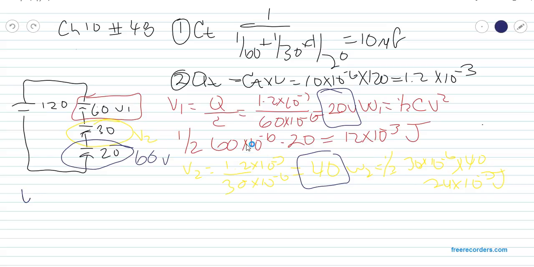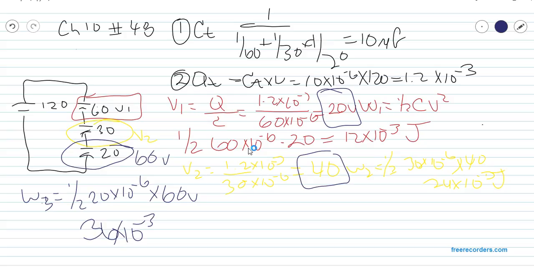We can go ahead and find W3, which is equal to 1/2 of 20 times 10 to the minus 6 times 60 squared. This gives us 36 times 10 to the minus 3 joules.